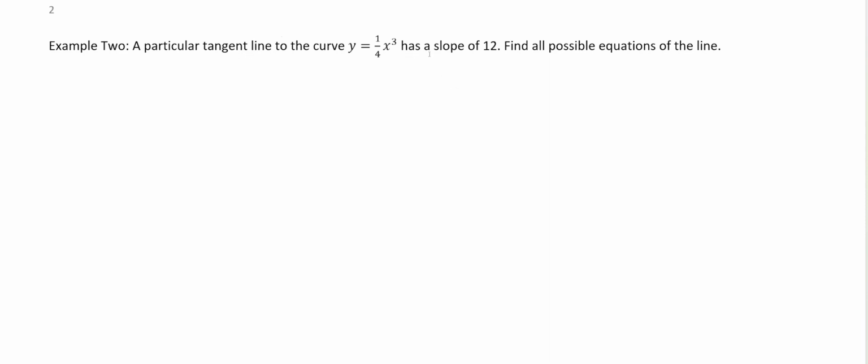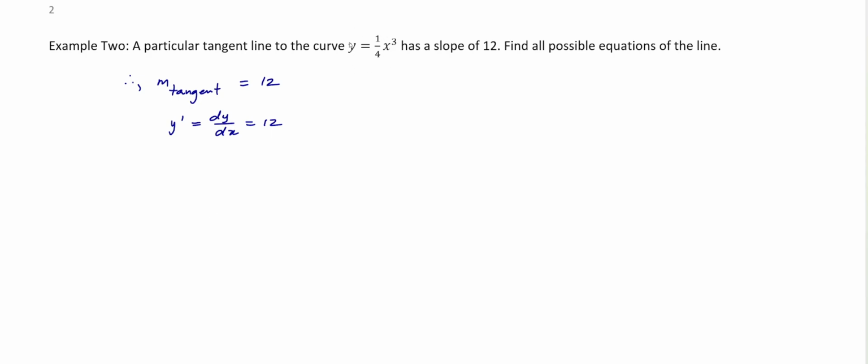As you can see, they've given me the slope of the tangent, so the slope of the tangent is equal to 12. And you will recall that the slope of the tangent is just the first derivative, so that's either y prime or dy/dx, which in this case is 12.